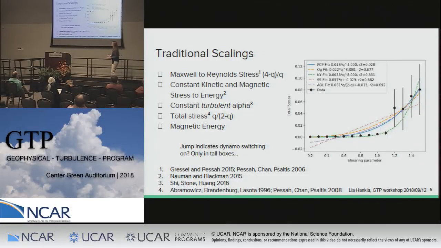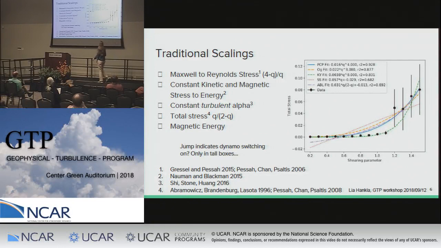Basically the point here is that it's not really well explained. This jump is only happening in tall boxes. When I do short boxes, I get much better agreement, and I recover the scaling found in Abramowicz et al.